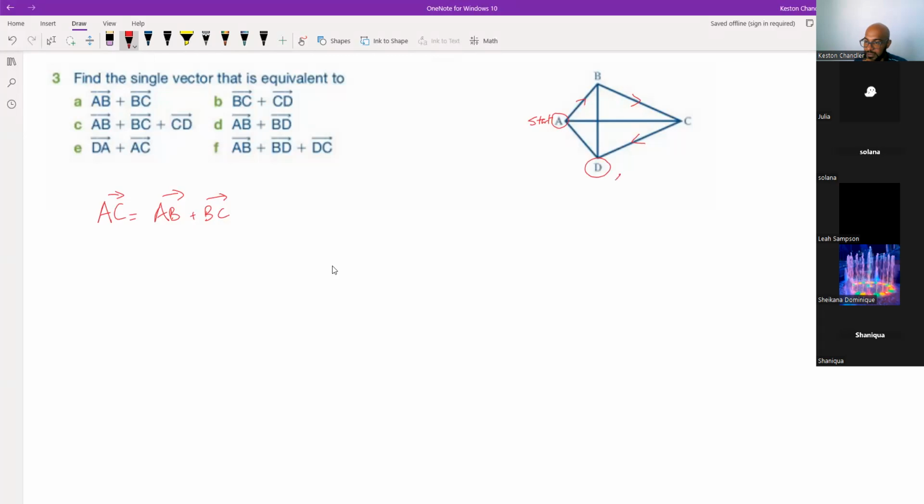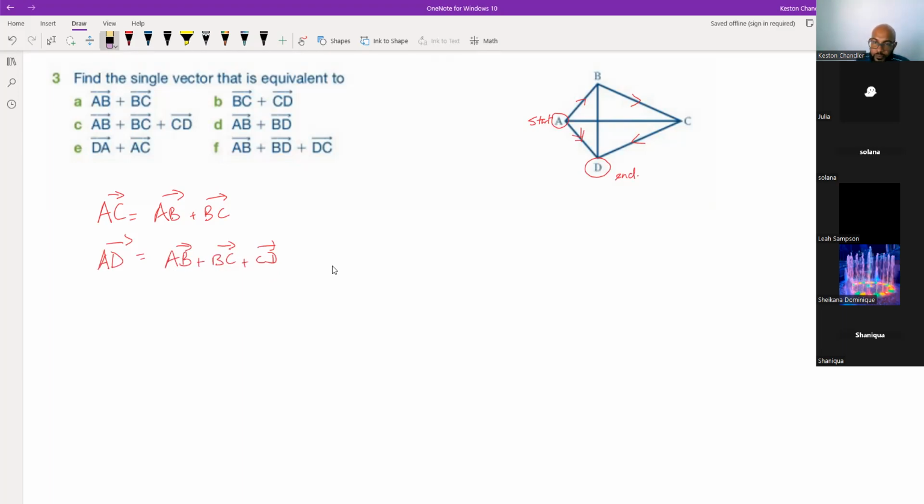We're ending at D. So our resultant vector is A to D, which is this. Look at it. A to D could be found by going from A to B, then from B to C, and then from C to D. We're still achieving starting at A and ending at D. Yeah?